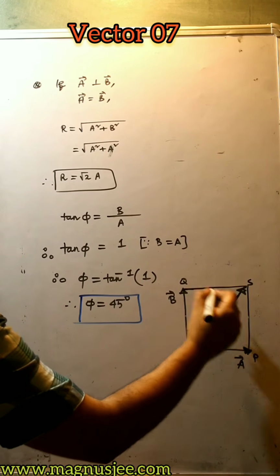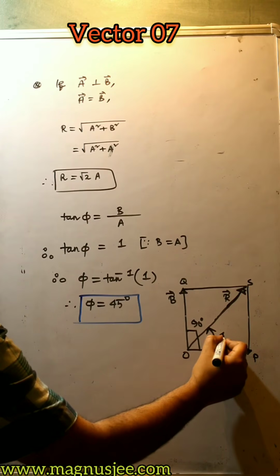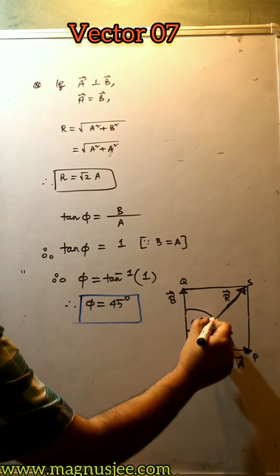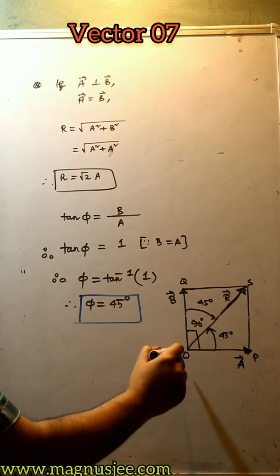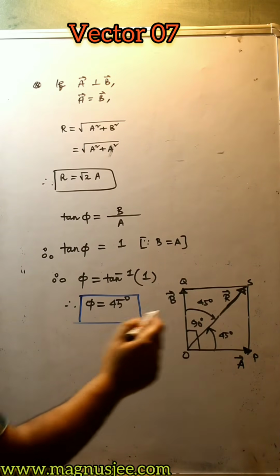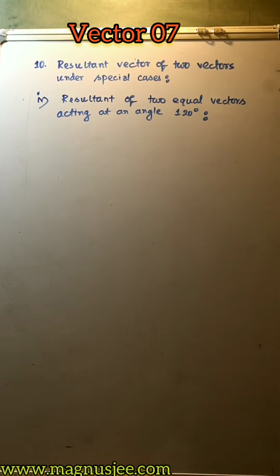OPSQ is a square because the two vectors are equal and perpendicular. So our resultant vector acts at an angle of 45 degrees with vector A and vector B also. So the resultant vector acts symmetrically with respect to vector A and vector B, provided the two vectors are perpendicular and have the same magnitude, vector A perpendicular to vector B and vector A equal to vector B.